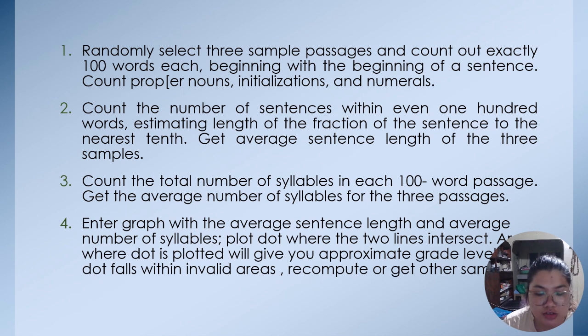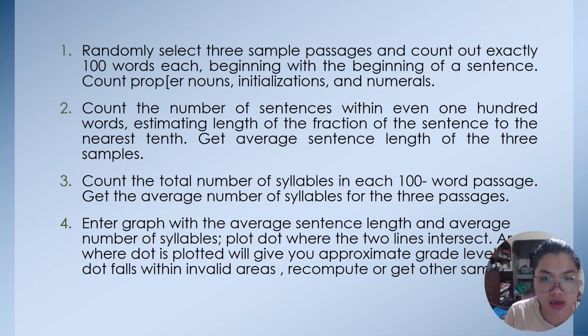If the final sentence does not stop at the end of the 100 words, determine what proportion of this last sentence you are including in the 100-word count. Estimate the last sentence to the nearest tenth. For example, in sample passage 1 the final sentence has 15 words, and 12 of these are in the 100-word count. Thus, the final sentence would be counted as 0.8 sentences. Now let's try to count the number of sentences in sample passages 2 and 3.